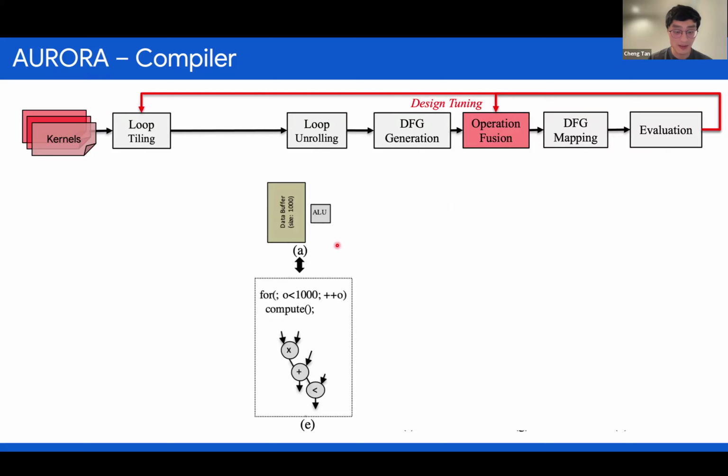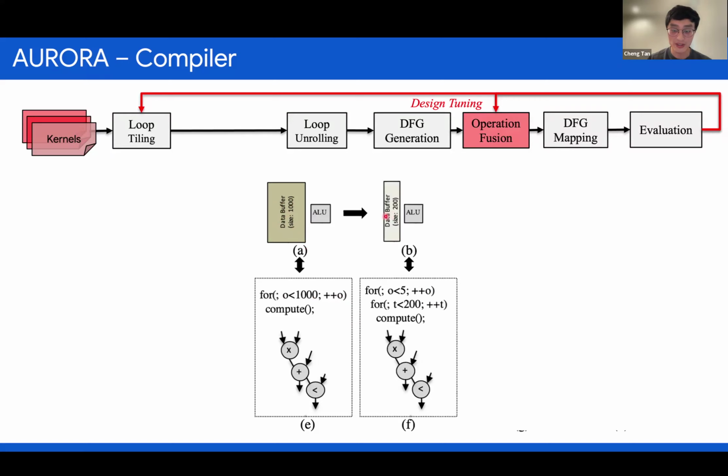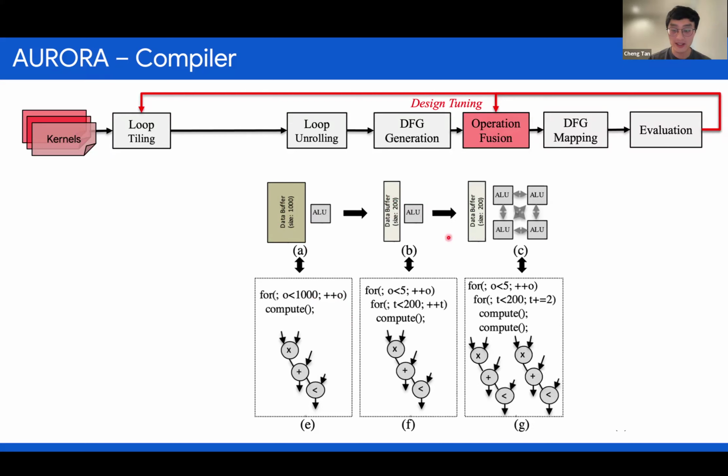So for this compiler tuning, first you give a target application kernel, and based on the size of the kernel you're working on, you can shrink the design SRAM size, and by performing the loop tiling, you can then check whether the resource is underutilized, whether you want to increase more resource in order to enable better speedup.